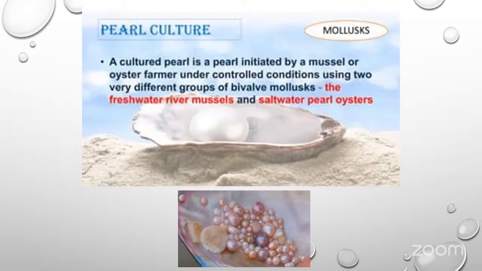What are the methods of grafting? Describe the technique of grafting, post-grafting or pre-surgical method. So all these types of questions will be asked, or maybe describe the anatomy of the freshwater mussel, etc.